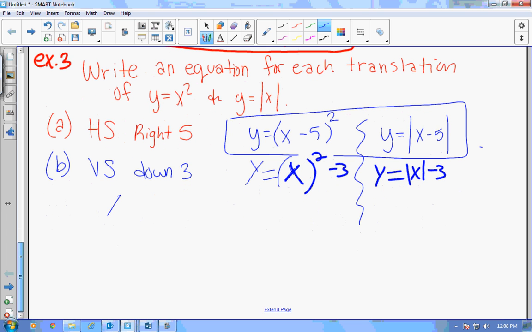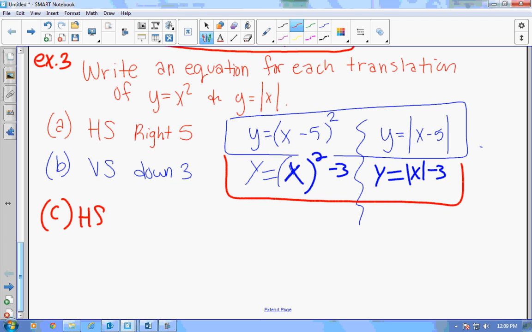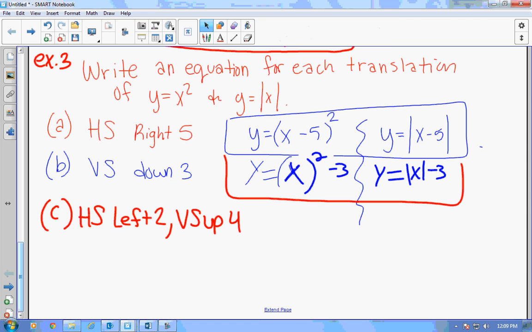Okay, I'm going to give you one more to write the equations containing the translations. C. Horizontal shift left 2, and vertical shift up 4. You need to do it for the quadratic and the absolute value. Include both in your equations.